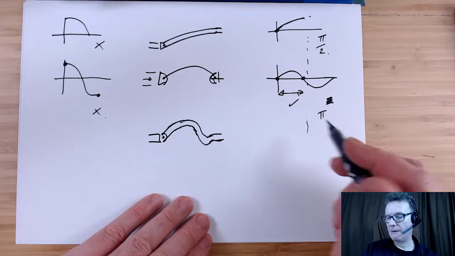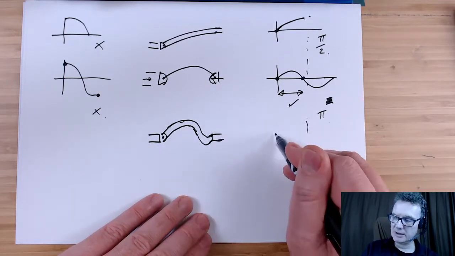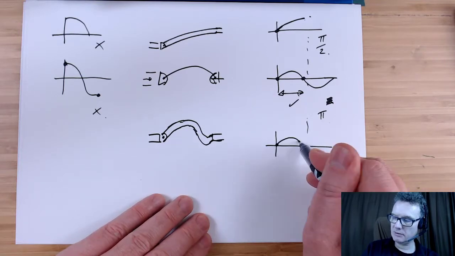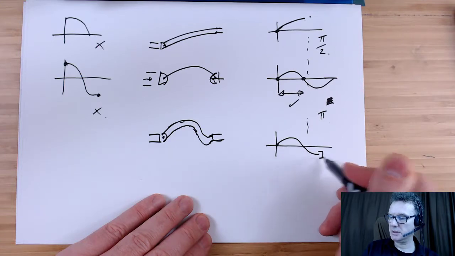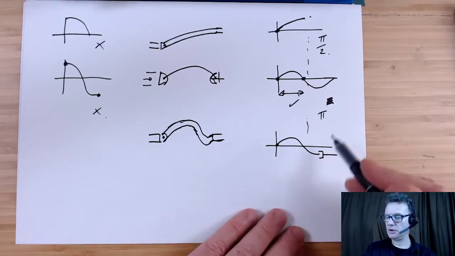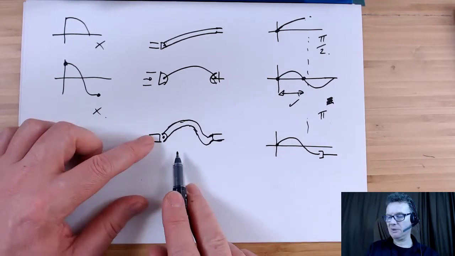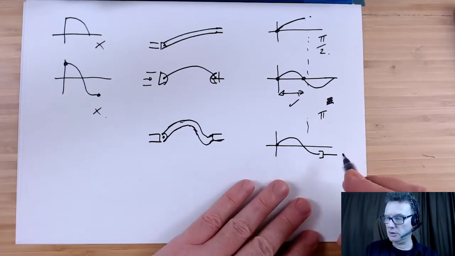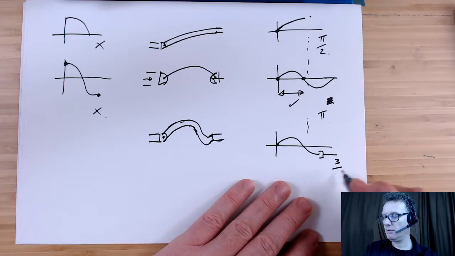So the best kind of fit that I could get, and to be fair, it doesn't quite work, does it? But the best kind of fit I could get would be something along the lines that we've done this much of the sine. So it doesn't quite fit. We've slightly displaced it, so this doesn't fit with this, but it's a pretty good match in terms of shape. So that would be 3 over 2 pi.